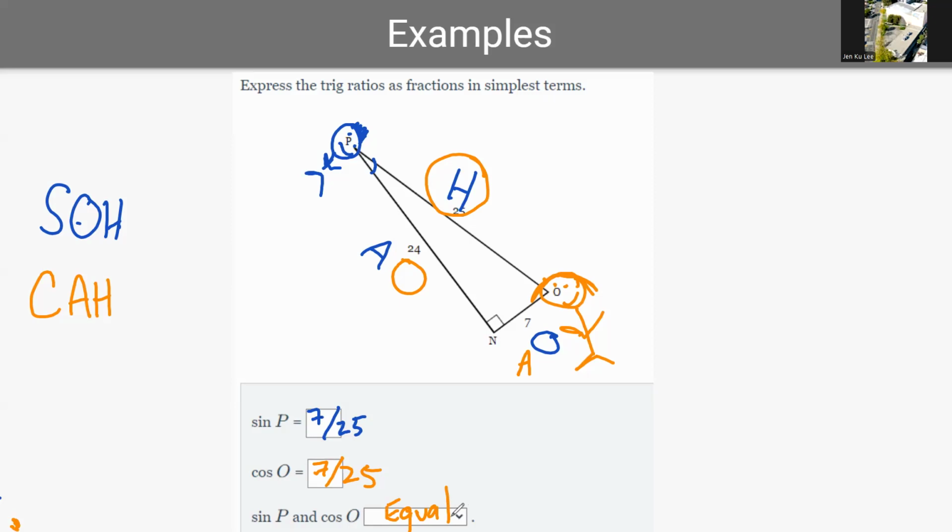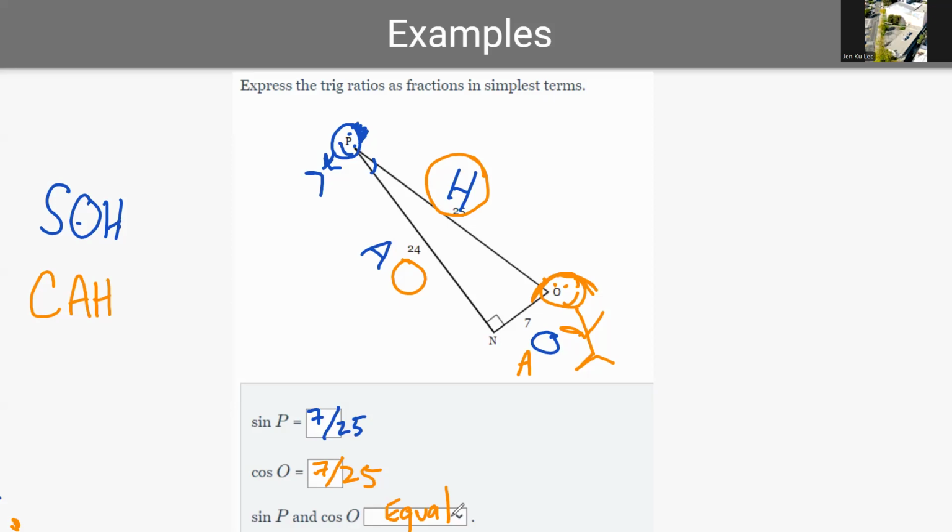And class, this brings up a great point. Can we come up with a rule that you guys can see? Is this always going to happen, where the sine of one angle equals the cosine of the other angle?